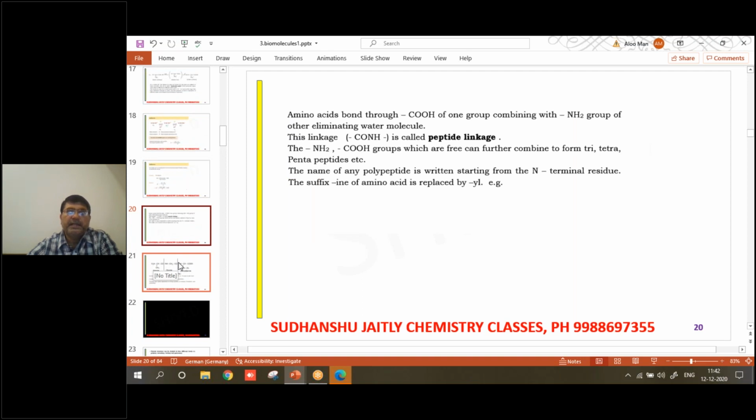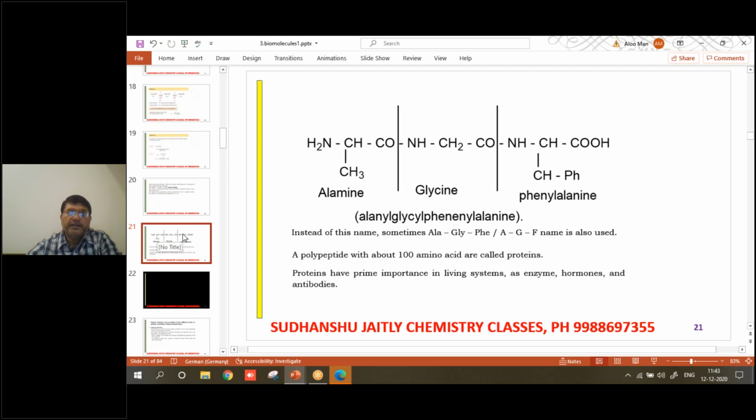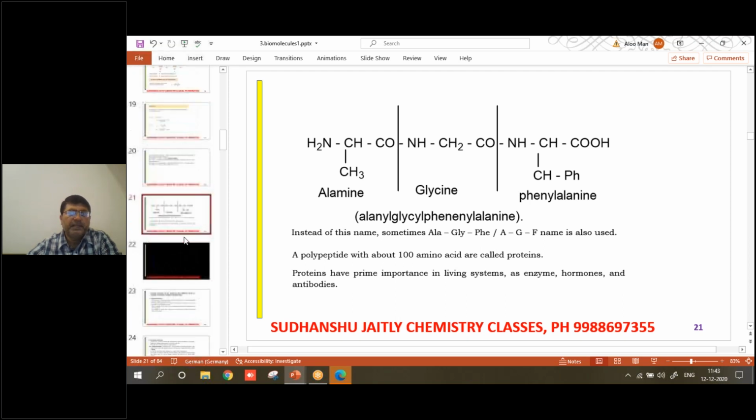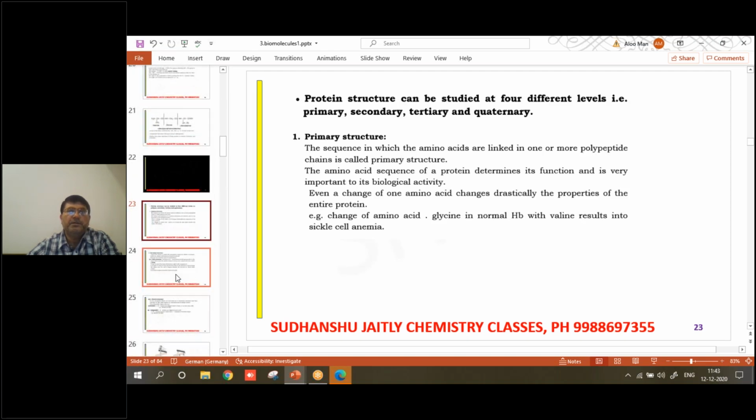Further, amino acid can join with COOH from one side and NH2 on another side, and we can get thousands of amino acid, hundreds of amino acid joining to form di-, tri-, polypeptide. A polypeptide with no hard and fast 100 amino acid is going to be known as protein.